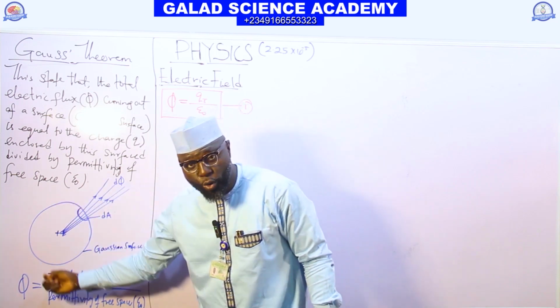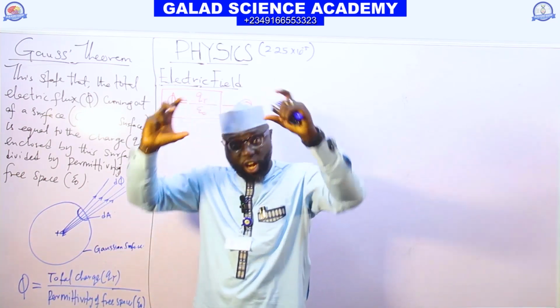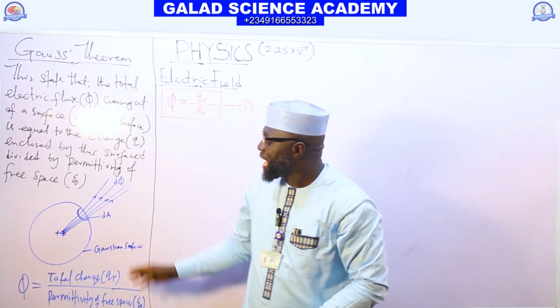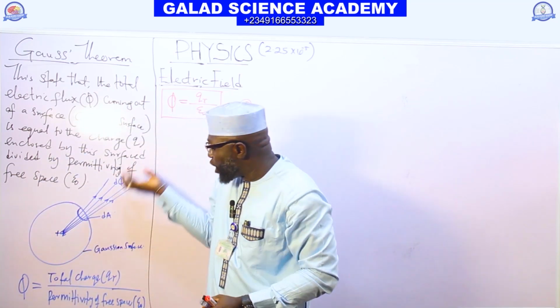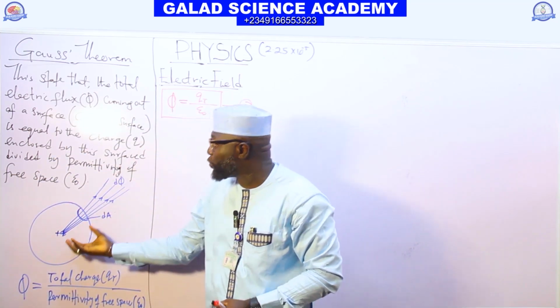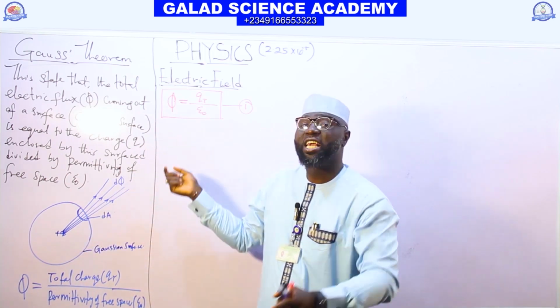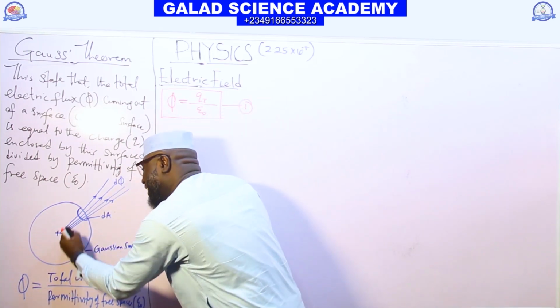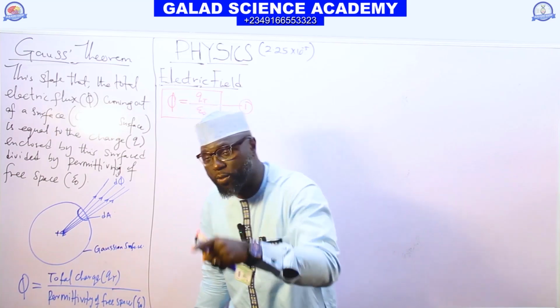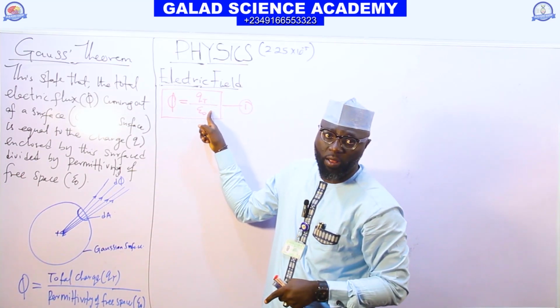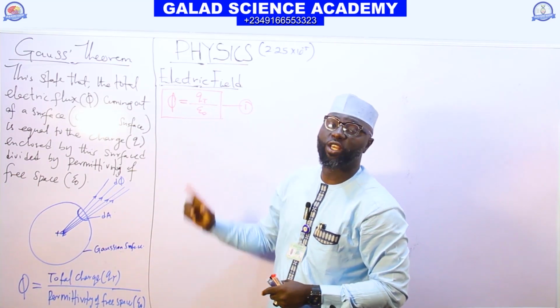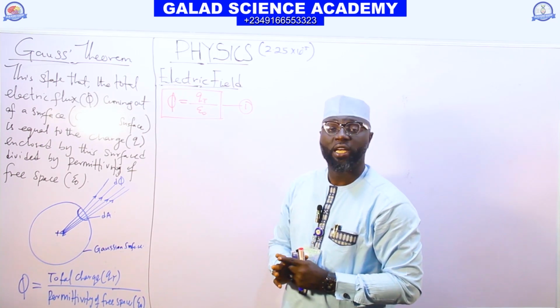It may be spherical, it may be a cube, it may be rectangular, but closed. And the number of flux lines that's coming out from the surface is equal to the total charge we have inside the surface divided by permittivity of free space.